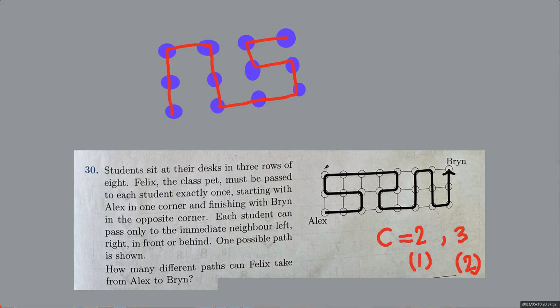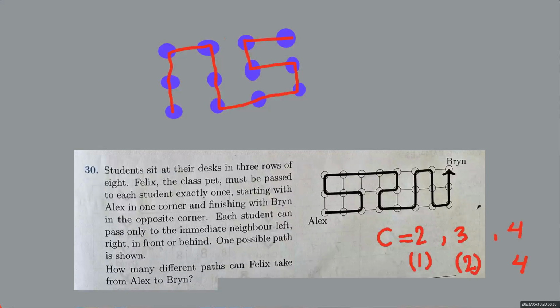That's going to be 3. And this is going to be 4. So when column is 4, the answer is 4.